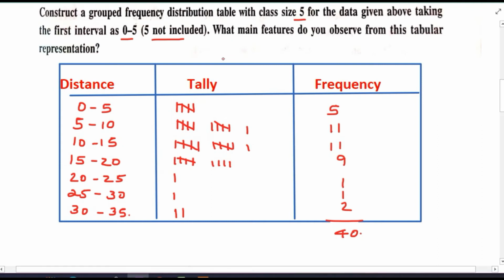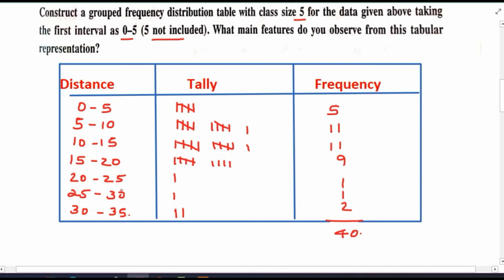Now we can see that 5 engineers are staying very near to their office, that is 0, only within 5 kilometers they are staying, and 11 engineers are staying within 10 kilometers. Again, next 11 engineers are staying within 10 kilometers, and only 5 are staying far away from the office, that is more than 20 kilometers.